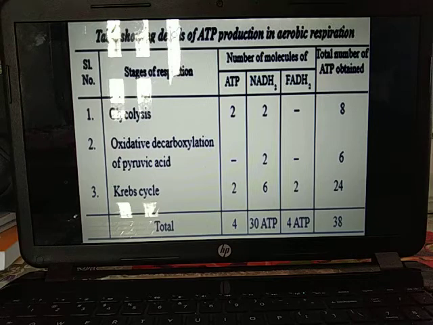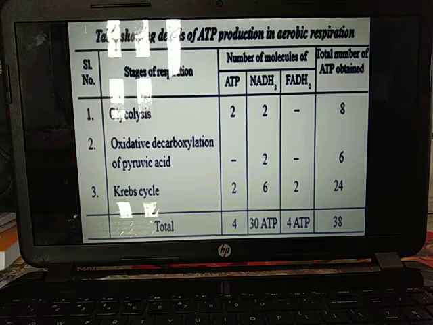The net gain from the complete oxidation of a glucose molecule in muscles and nerve cells is 36 ATP molecules, that is 10 NADH2 equal to 30 ATP, 2 FADH2 is 4 ATP, and 4 formed by the substrate level phosphorylation of glycolysis and Krebs cycle, and 2 consumed in the transport of the NADH2 molecules into the mitochondria.